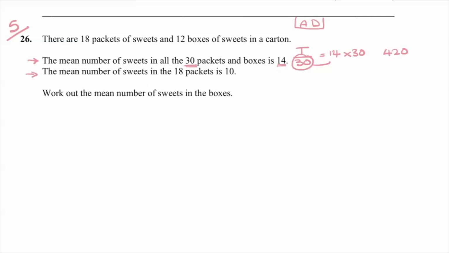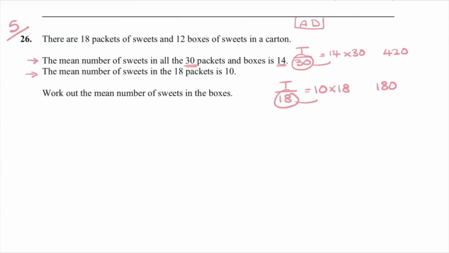So I know that there is a total of 18 packets that when it's added together, there's this value. I don't know what it is, but there's this total. But if I was to divide it by the 18, it would equal this mean of 10. And again, if I just multiply that through, I can see that the total for the packets is 180.